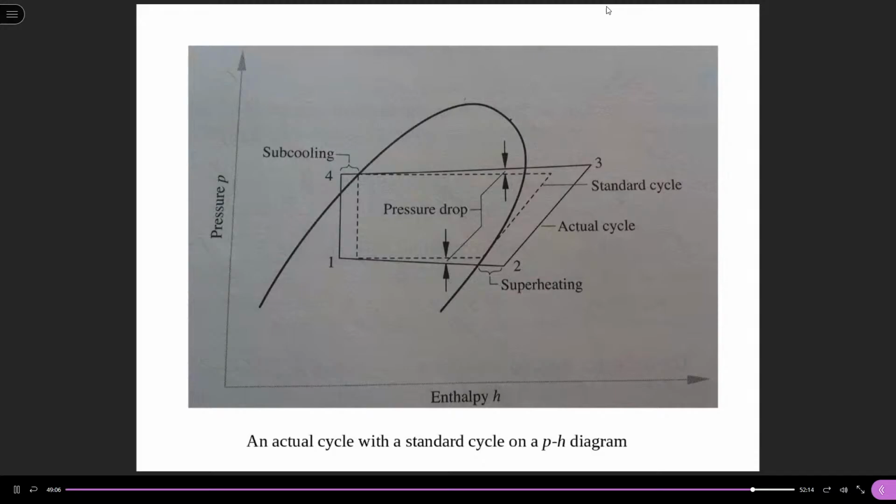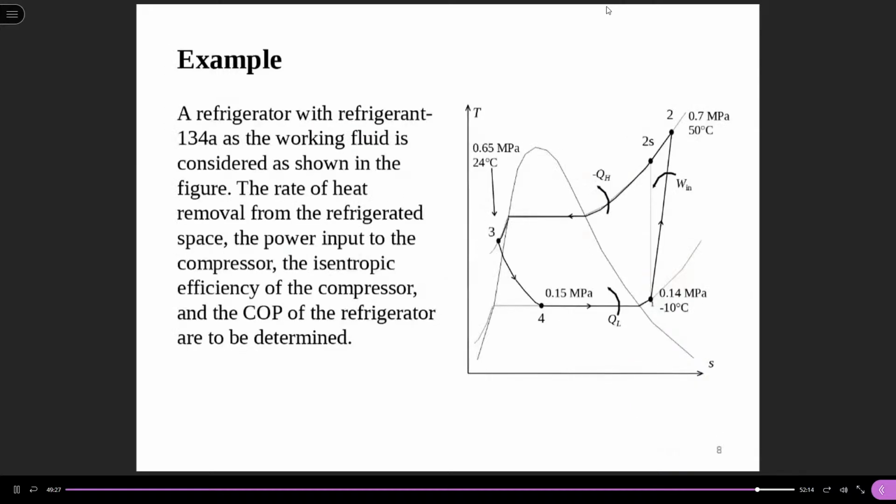For the actual one, there is irreversibility. The vapor can be superheated and the liquid can be subcooled. We have introduced the isentropic efficiency, and also there is a pressure drop due to friction. So therefore, we understand the actual refrigeration cycle.